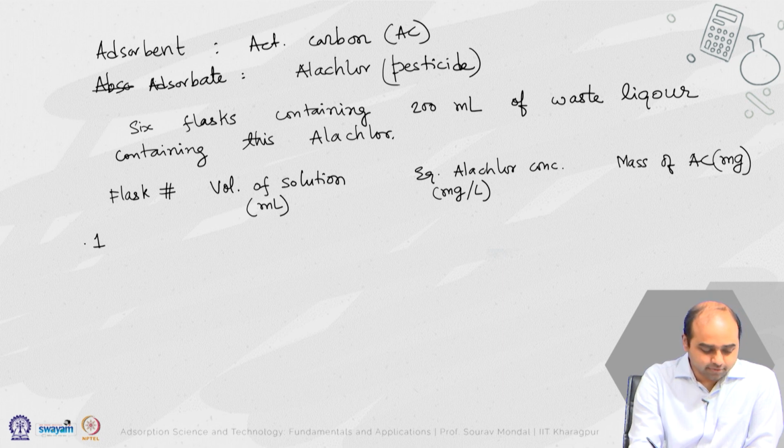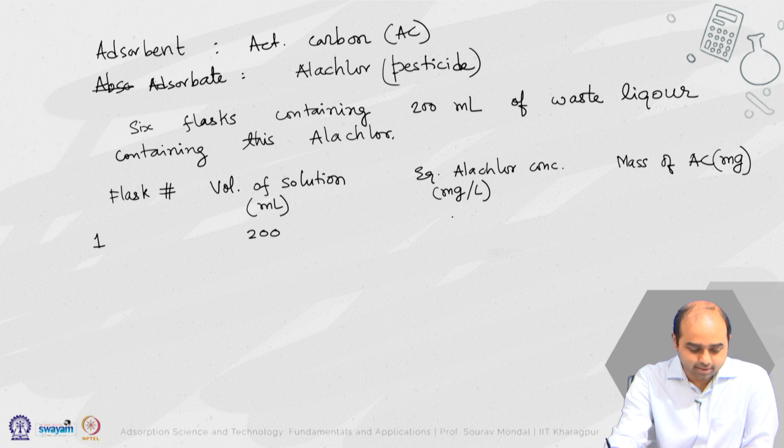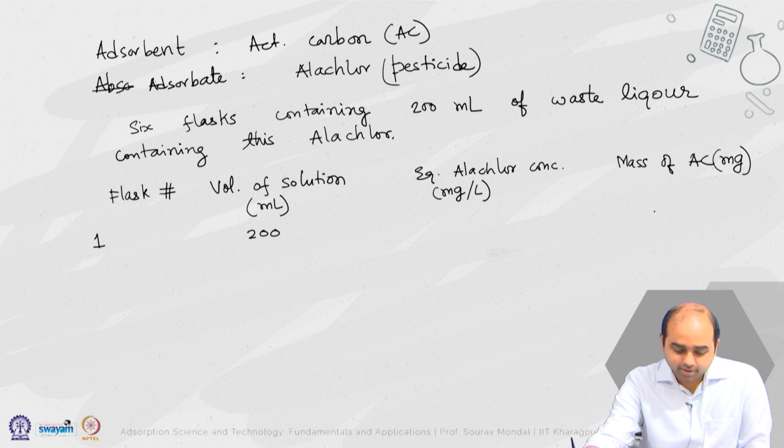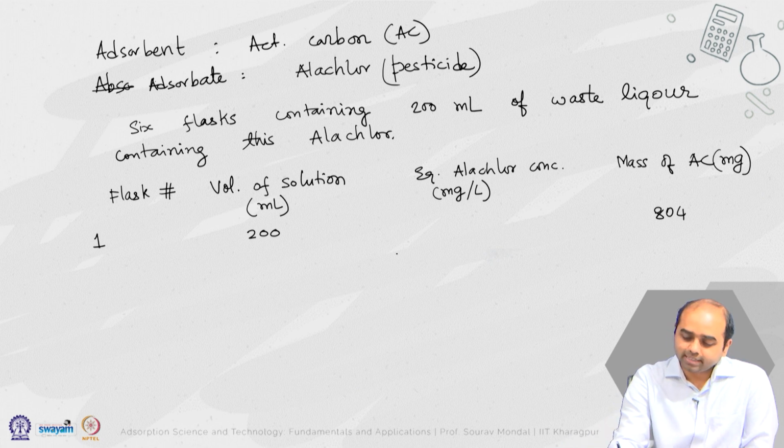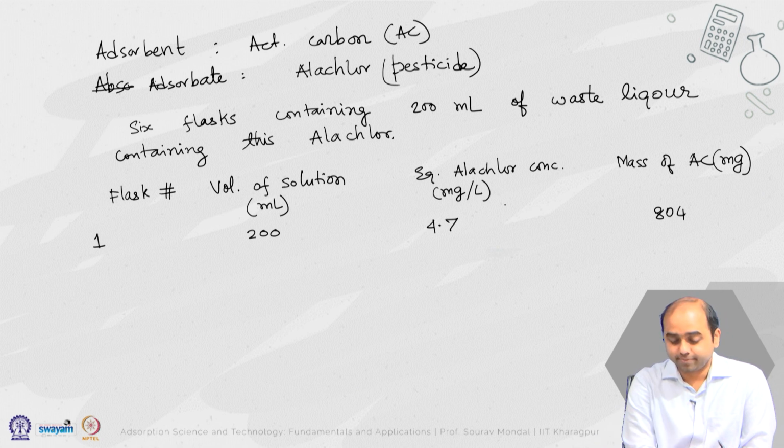All the flasks have a volume of 200 ml. In the first flask we add 804 milligrams of activated carbon, and that produces an equilibrium alachlor concentration of 4.7.